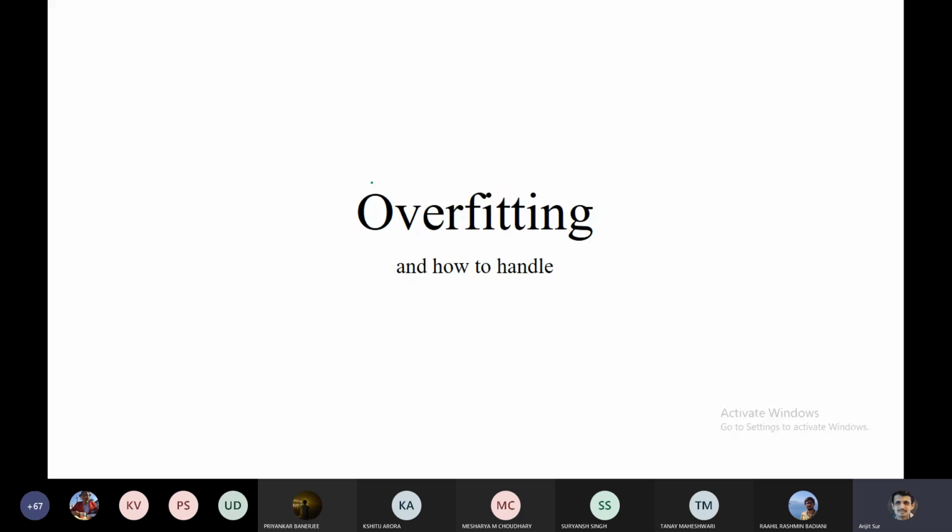First of all, what is overfitting, and when do we understand that our classifier is overfitted? And if a particular model is overfitted, then how do we handle it, how do we fix the problem? So let's try to understand what overfitting is.